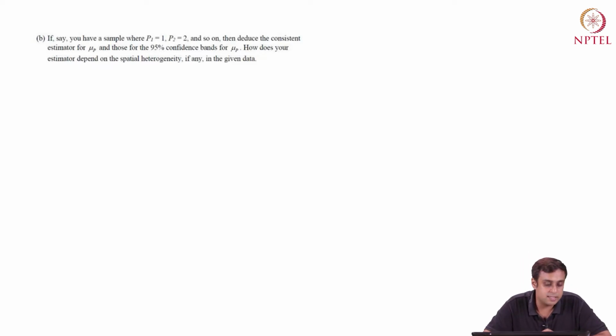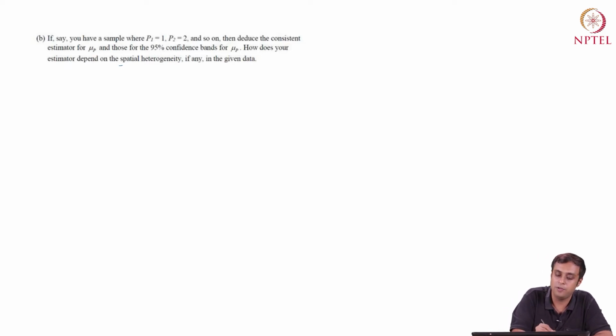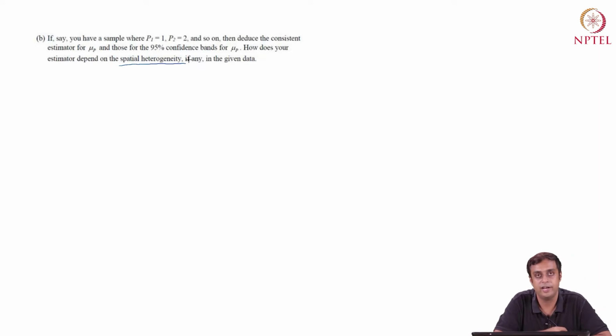Then deduce the consistent estimator of mu p, which is the population mean, and those for the 95% confidence bands of mu p. How does your estimator depend on spatial heterogeneity, if any, in the given data? Very careful, we are talking about spatial heterogeneity, something that you have heard of and learned earlier.